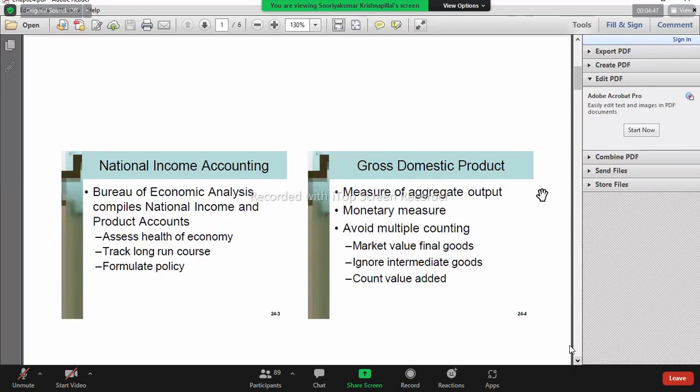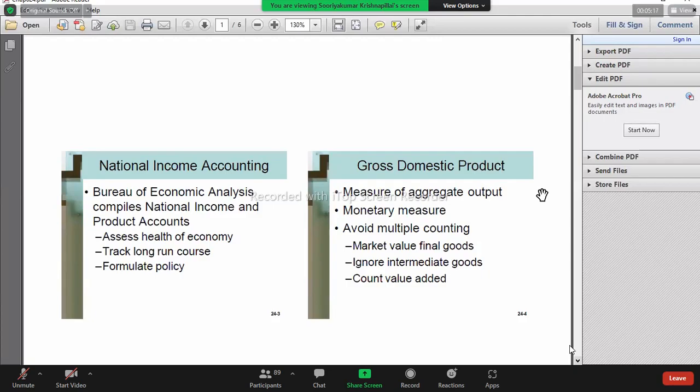When we aggregate all the commodities, we have to use the monetary value, the price. Otherwise we could not aggregate different commodities and services. So we value all the goods and services in monetary terms, in rupees.